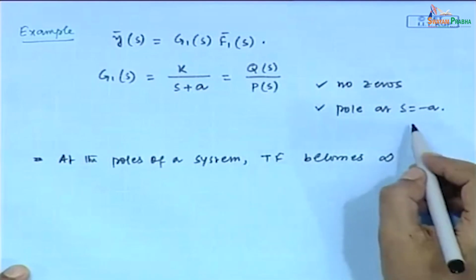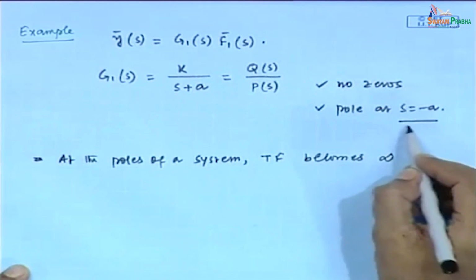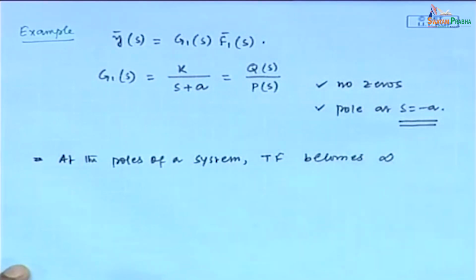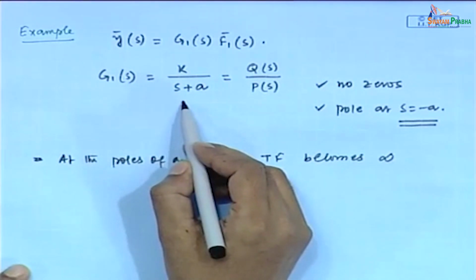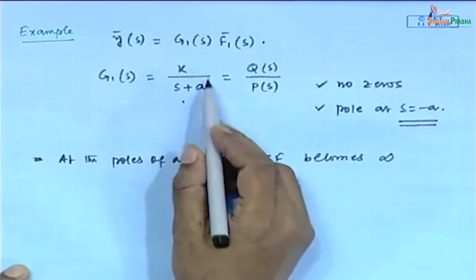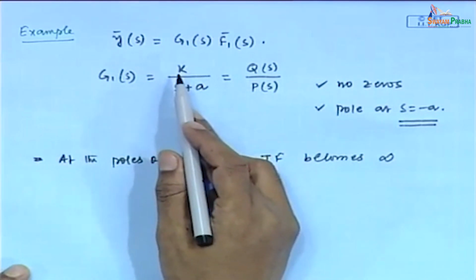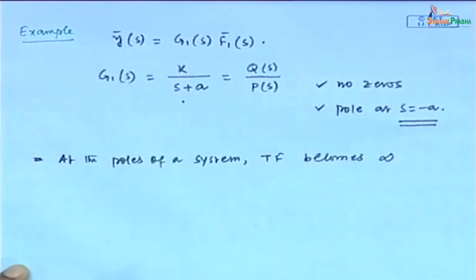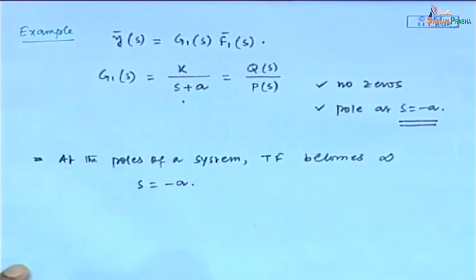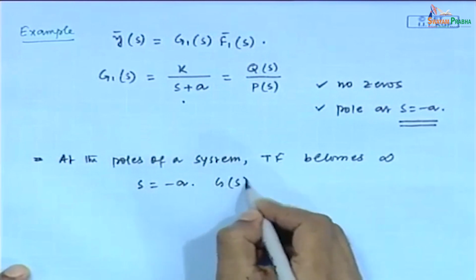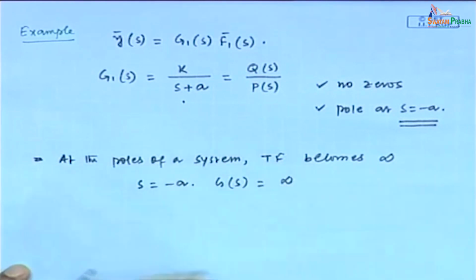Our pole for this system is at s equals minus a. If we substitute in this equation s as minus a, the transfer function becomes infinity, is not it? If we put s equals minus a, then G(s) becomes infinity.